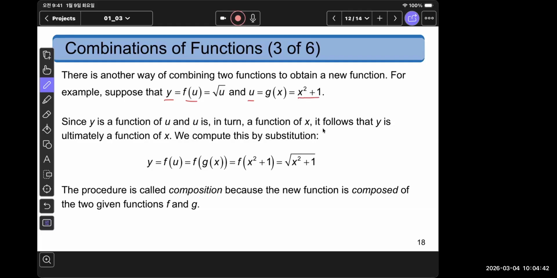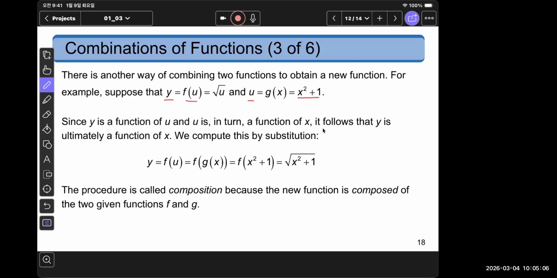Given two functions, one function f from u to y and g function which maps x to u, I can combine them. Since y is a function of u and u is another function of x, I can interpret y as a function of x by combining these two definitions.